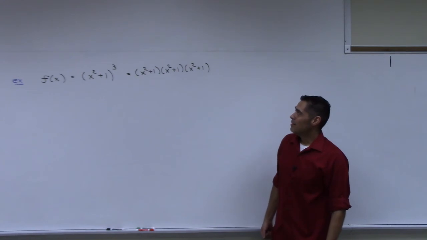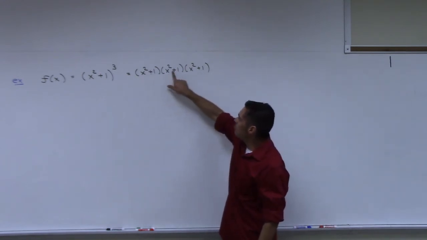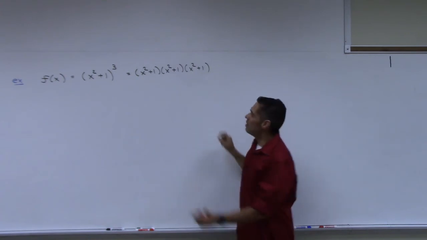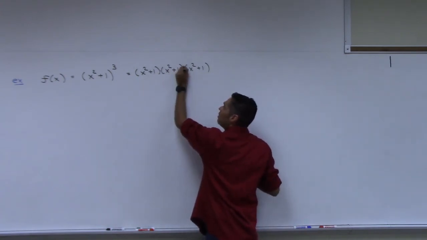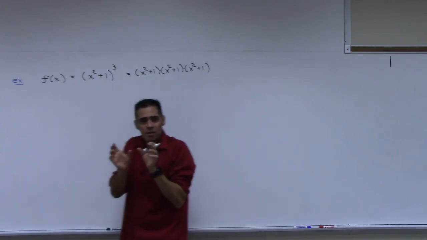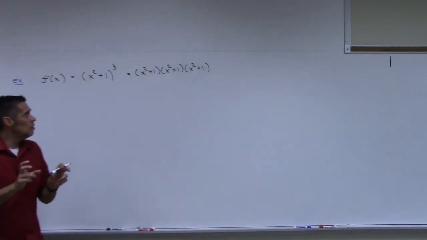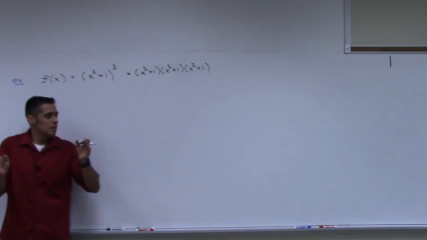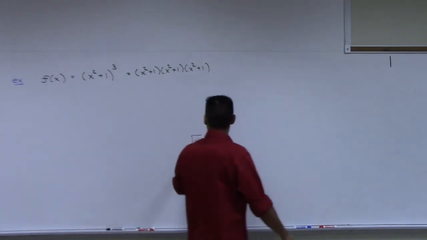Now, can we just take the derivative of this, derivative of this, derivative of this? Unfortunately, no. See, because now aren't these products right here? Those are multiplications. We still don't have a rule on how to do multiplication, only addition and subtraction. The only multiplication we can handle is something like this.